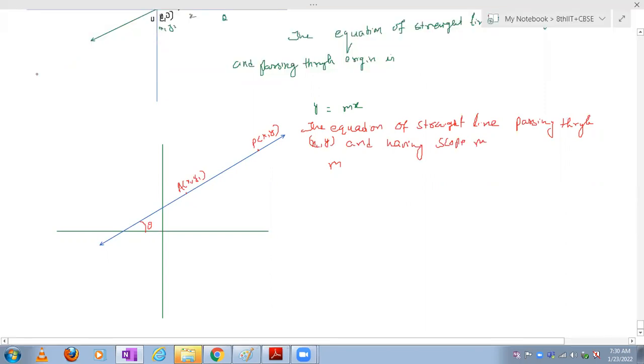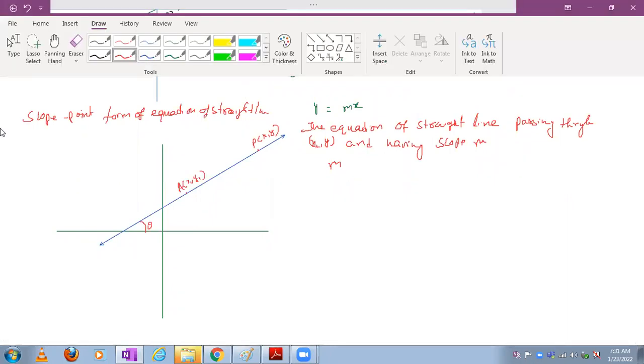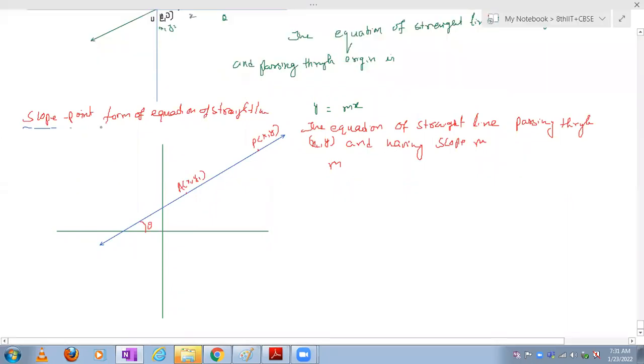Okay? Slope point form of equation of straight line. This is the heading. Now try to understand this. What is slope point form of the equation of straight line?